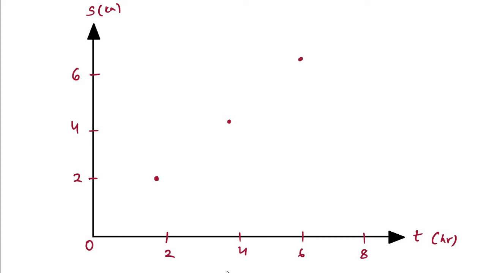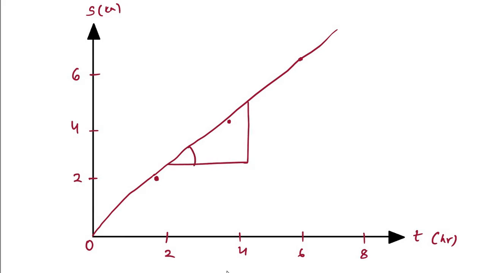So this displacement time graph will be a straight line with a certain slope, and this slope of the line gives us the velocity, which is the slope of the displacement time graph.